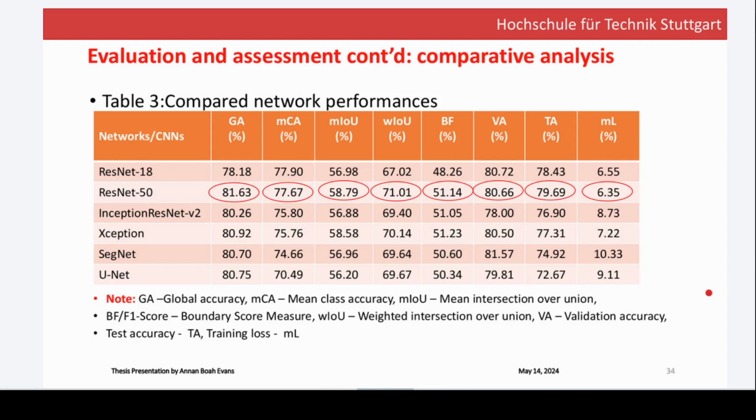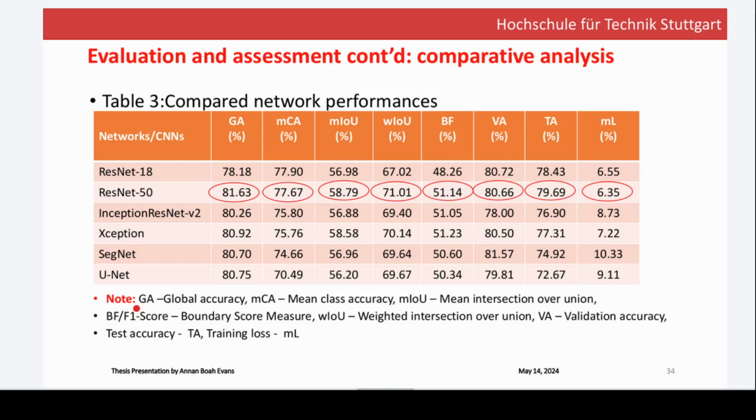We have come to the table here, which compares the performances of the various neural networks as captured in my objectives. I use various accuracy metrics because you cannot base your judgment on only one accuracy metric. Below my table here, I use some acronyms. Pardon me for that.